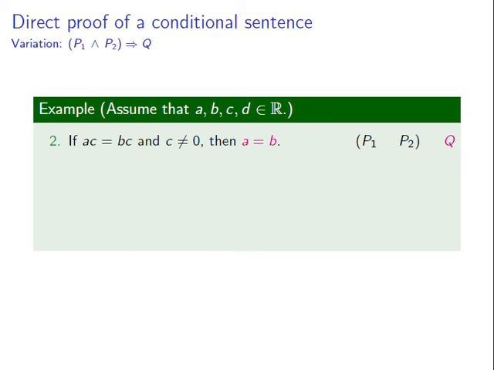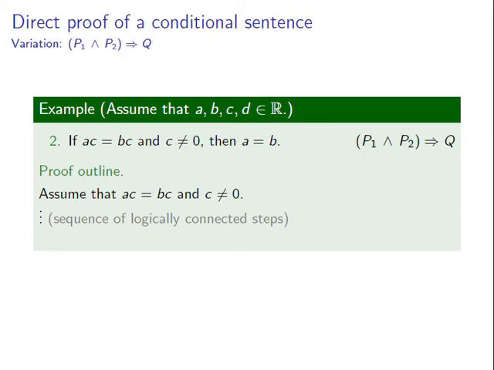Let Q be the statement A equals B. Then the claim is a conditional sentence whose antecedent is the conjunction of P1 and P2 and whose consequent is Q. A direct proof of this statement begins by assuming that the conditions AC equals BC and C is not equal to 0 both hold. Using a sequence of logically connected steps, we end by concluding that A equals B.